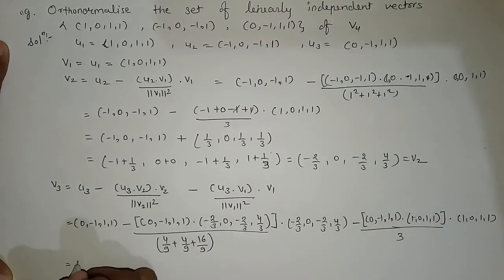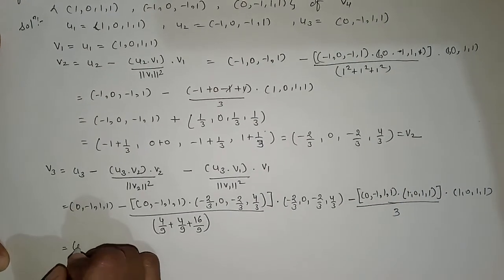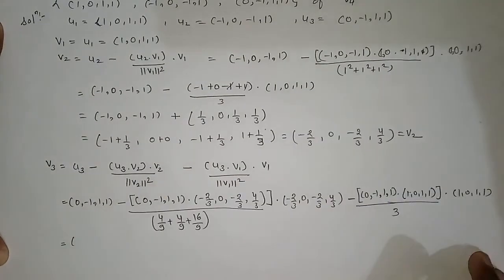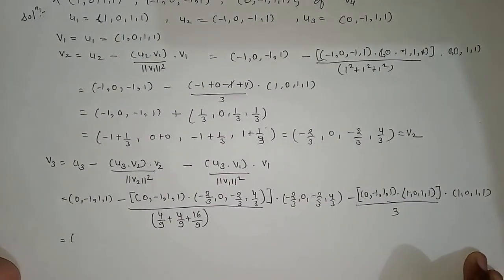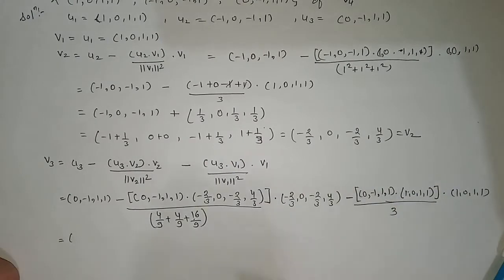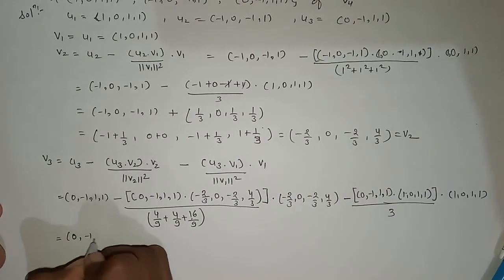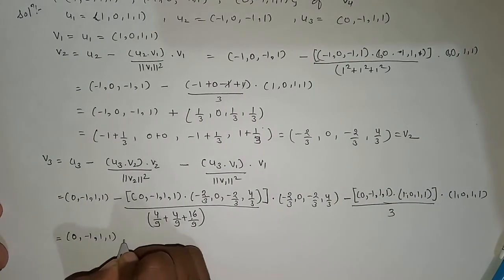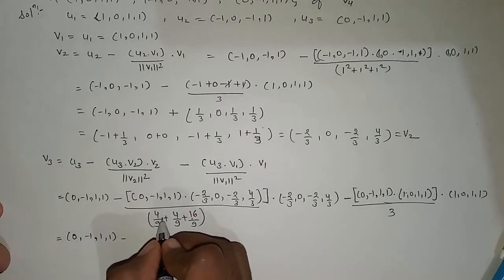Now this is equal to (0, -1, 1, 1), and this becomes 24/9.